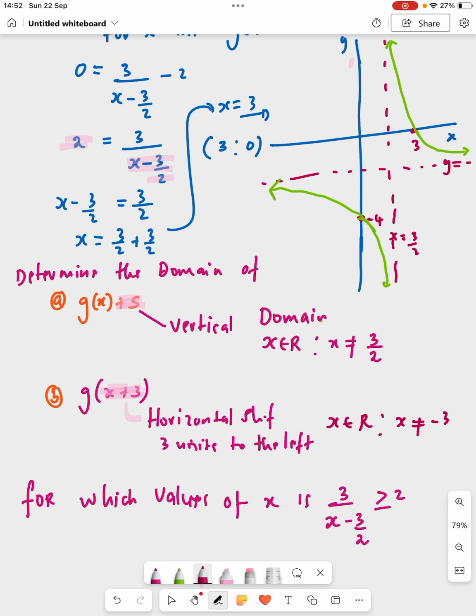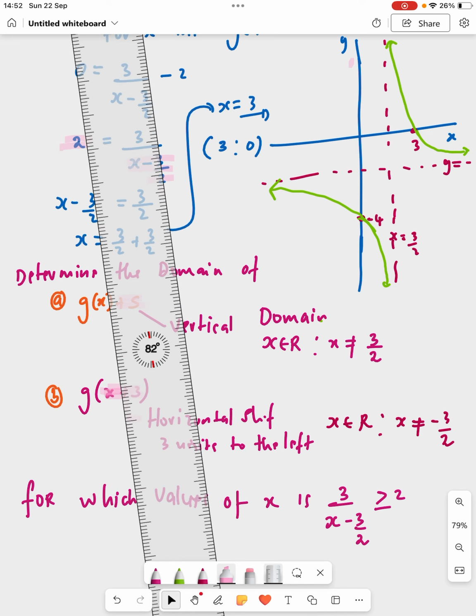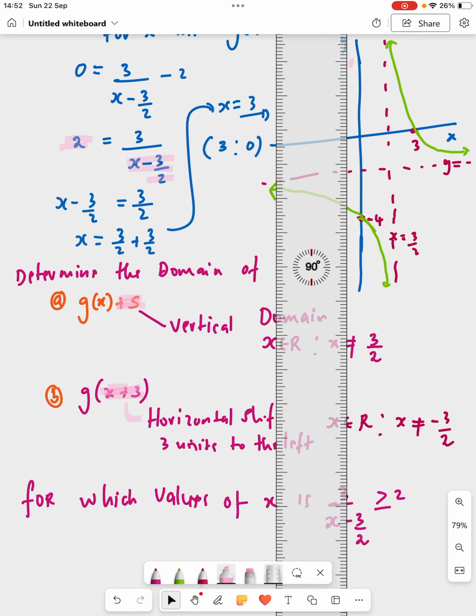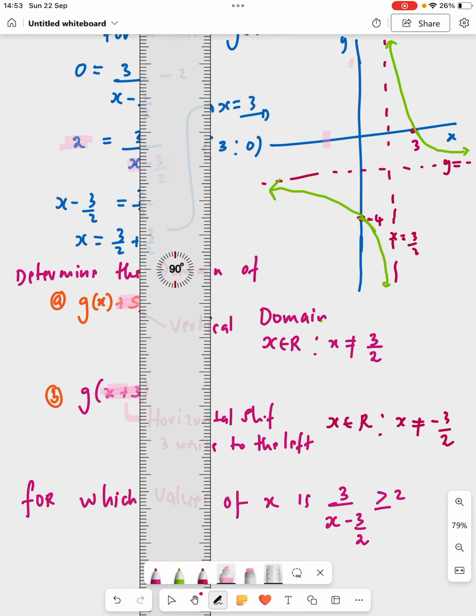So it's -3/2, because this asymptote here will move by 3 units to the left. So it will move to negative 3/2.